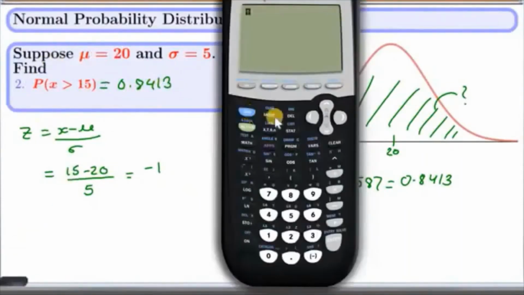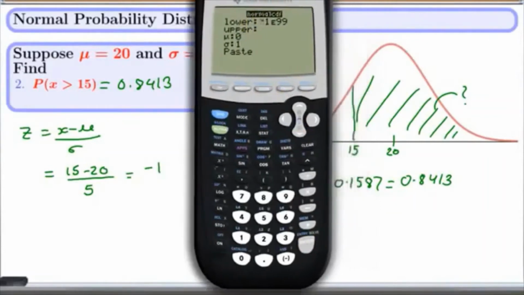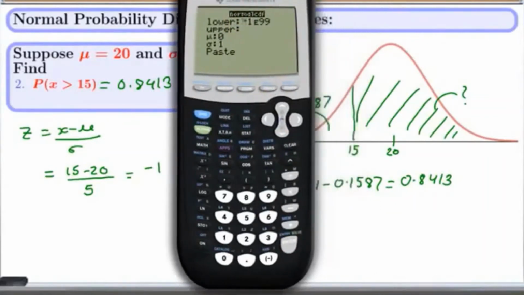For that, go to second, then distribution. We'll be using normal CDF. Let me move my calculator here. So looking at this, we know our lower value is 15. So let's put that there, 15. And our upper value will be large positive number.